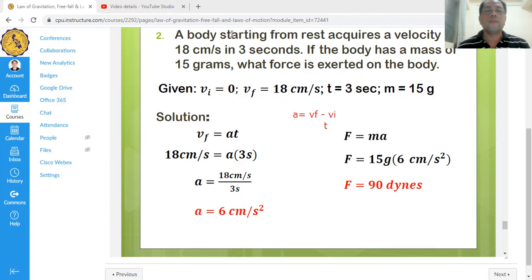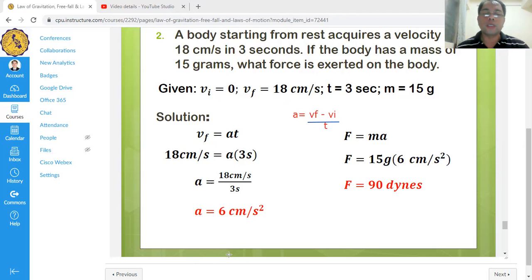So in this problem, we have the final velocity of 18 minus the initial velocity, which is at rest, so this must be 0. Then you divide it by the time, 3 seconds. Then you have the expression 6 centimeters per second squared.